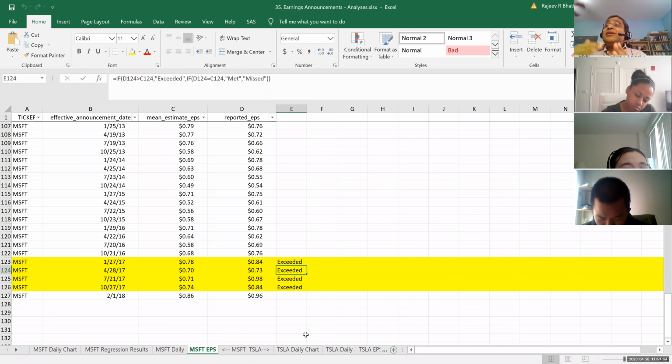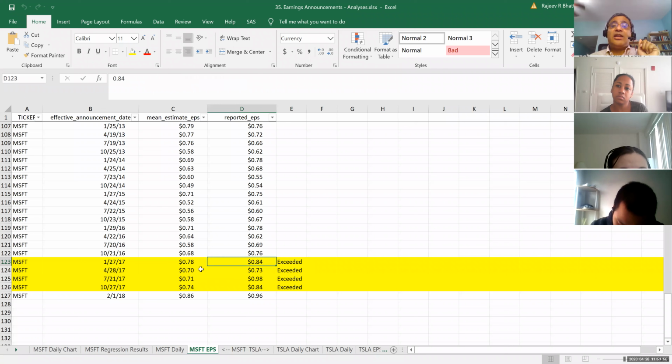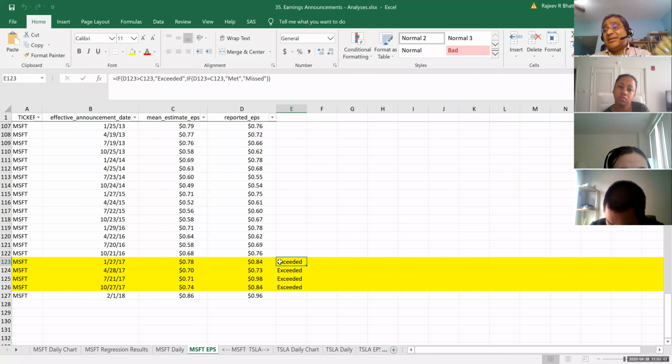Here it says it exceeded analysts' expectations, but we don't know for a fact what the market as a whole thought of Microsoft's earnings at that point. Whether this difference between 84 and 78 cents was actually an unexpected surprise, we cannot fully tease out from the fact that it exceeded, because we don't know what the market actually thought.